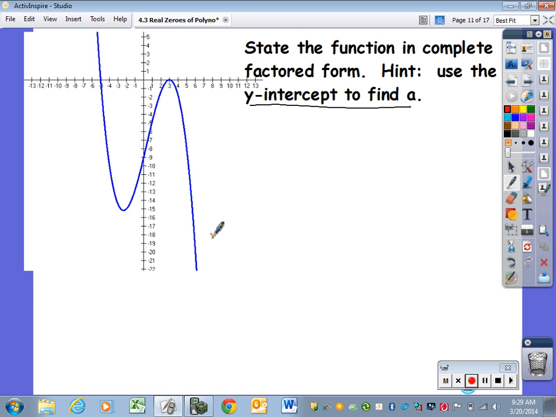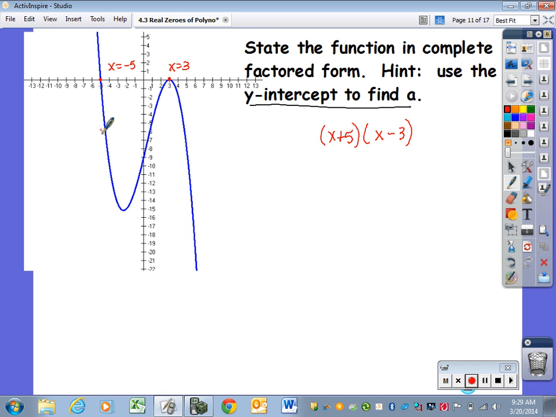Here I have a 0 at -5. So what factor would that be? X plus 5. Here I have a 0 at 3. So what factor would that have come from? X minus 3.